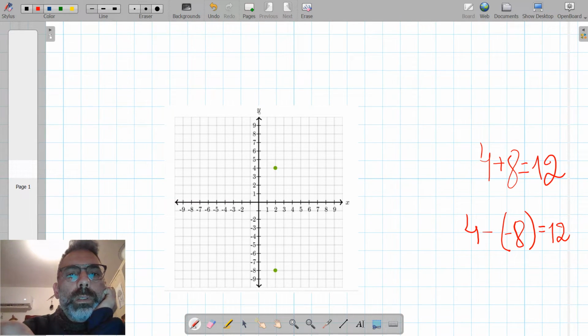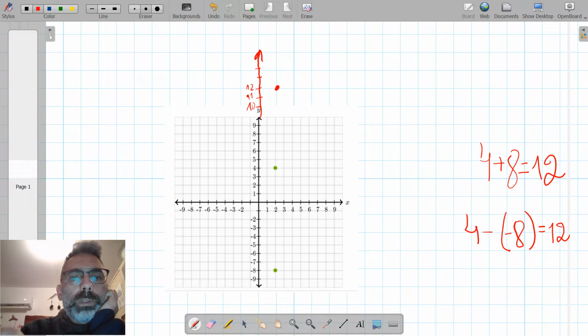So let's continue the y-axis upwards. Let's say we have 1, 2, 3, 4, 5, this is 10, 11, and 12. So let's say we take this point here, 8 hash marks upwards, so it will be located here on y 12.